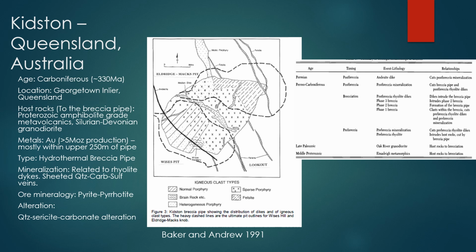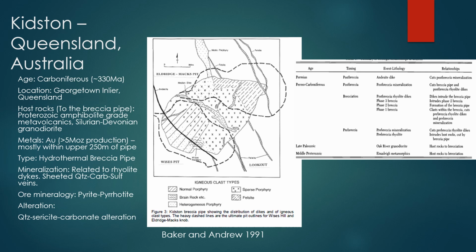Okay, the total gold production was around 5 million ounces, mostly within the upper 250 meters of the pipe. It has a very similar ore mineralogy to what we see in intrusion-related gold deposits near Telfer and elsewhere, and also the alteration is very similar. So the breccia pipe analogy is very similar in some regards to Havieron.